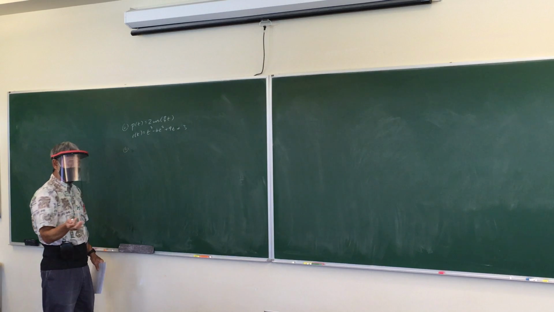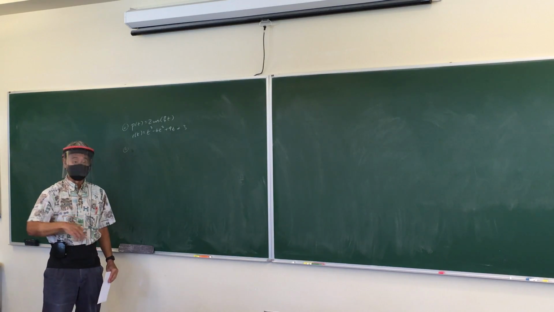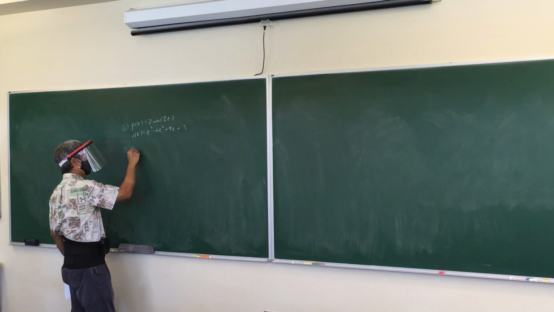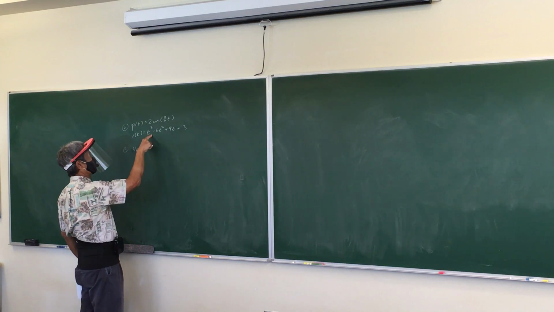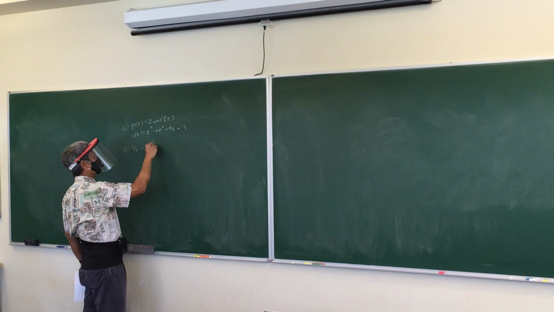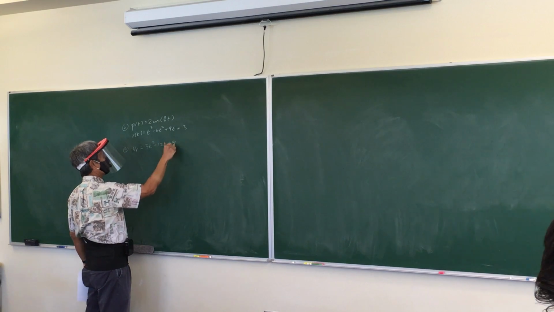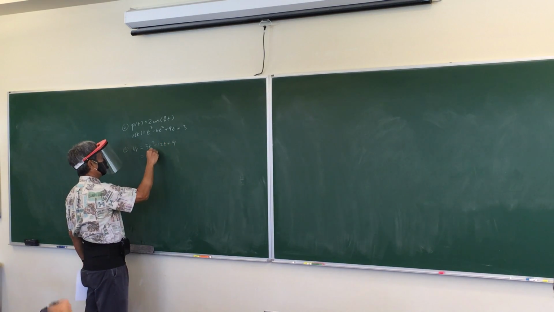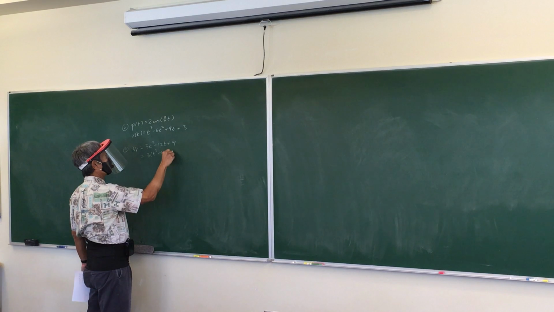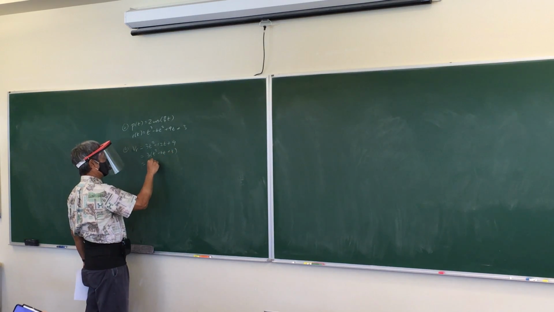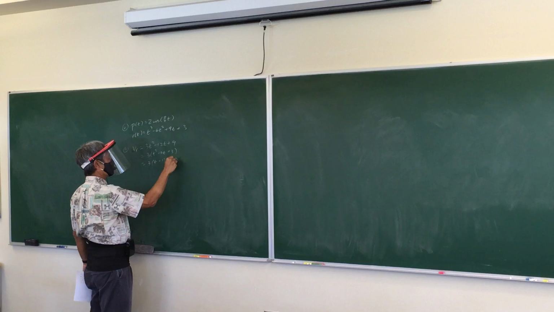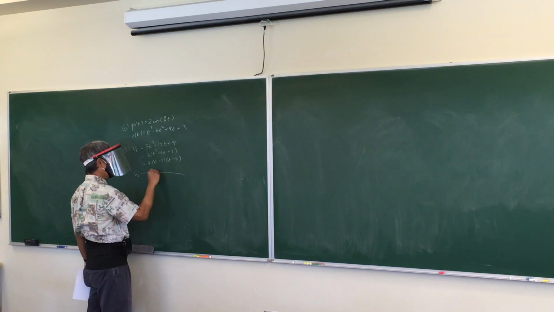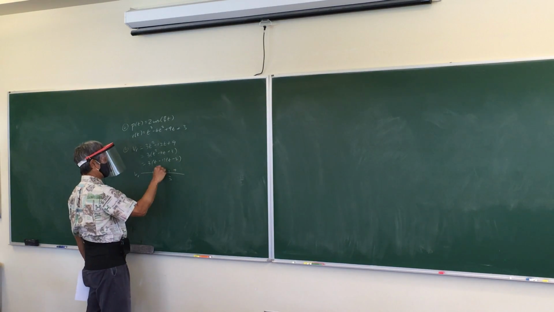How do you tell if a particle is moving to the right or the left? You look at the velocity. So here is the velocity of particle r. Take the derivative of this: 3t squared minus 12t plus 9. Factor out a 3: t squared minus 4t plus 3. That's t minus 1, t minus 3. Make a number line: 1 and 3, plus, minus, plus.